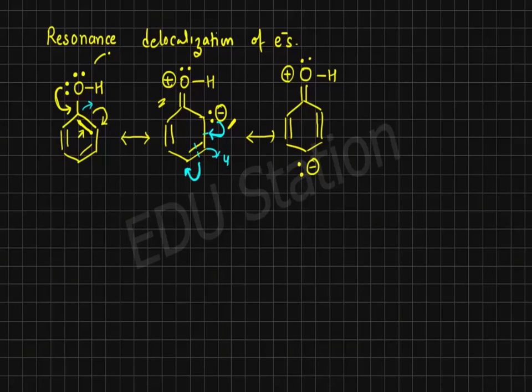Now, this carbon already has 4 bonds. You understand, 1, 2, 3 and 1 is with hydrogen. So, when this gives the electron over here to form a bond, this will undergo heterolytic fission. So, the next structure would look like this, fourth one.